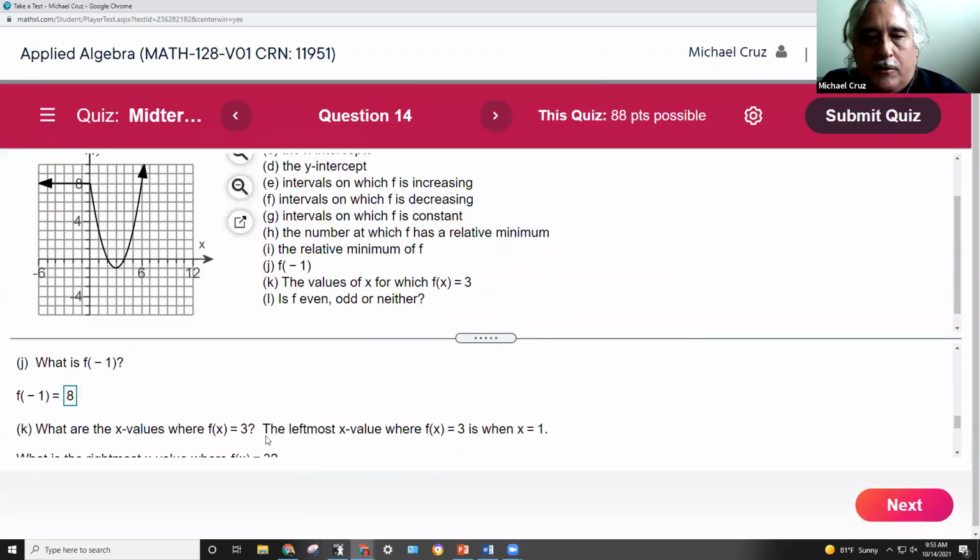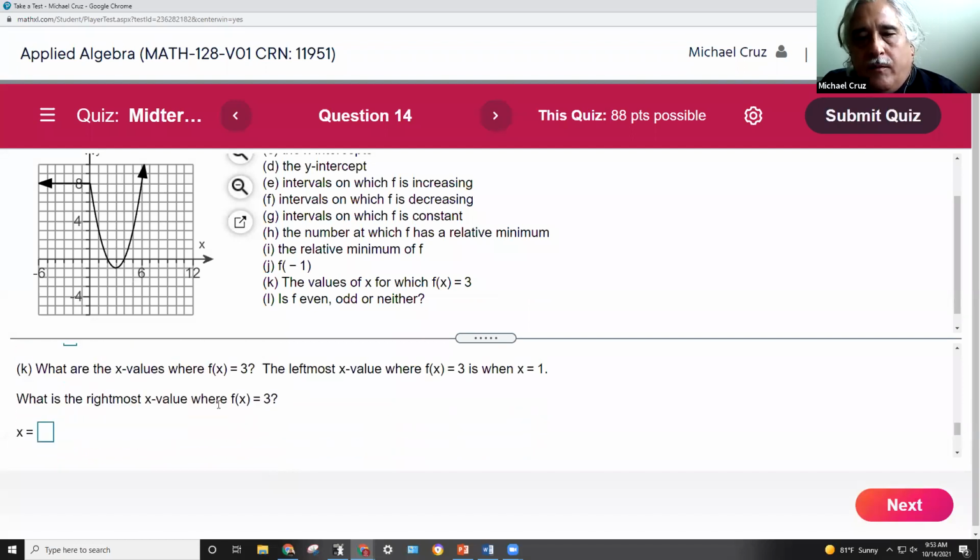Is there more parts? What are the x values where f of x is equal to 3? So that's right here. So that's x is equal to 1.